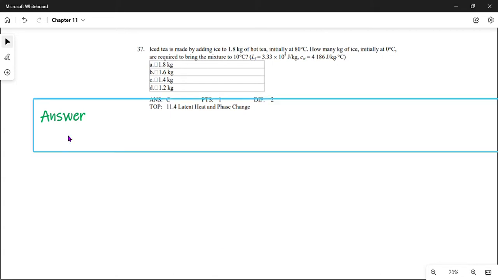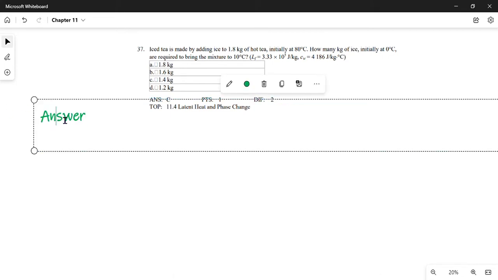Question number 37. The ice here will face a phase change and a temperature change, while the tea will face only a temperature change, not a phase change.